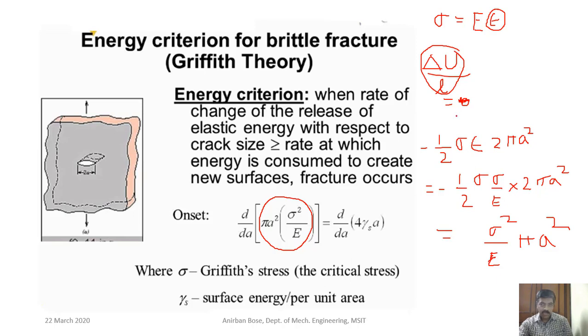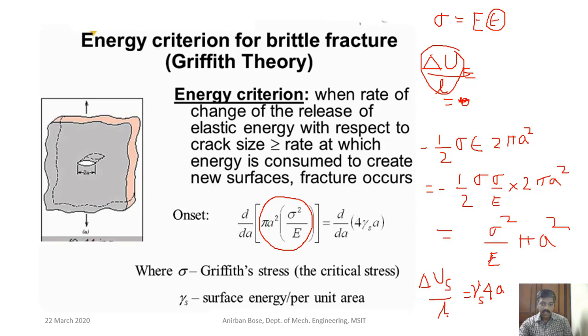This one is the elastic strain energy part, and there is another part which is the surface energy. Again, the surface energy per unit length will be 4a into gamma s.